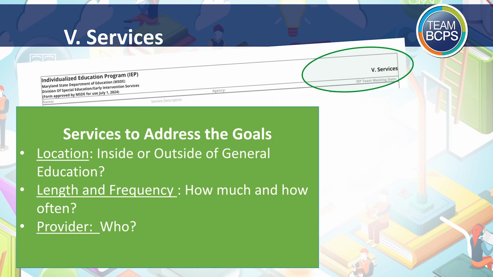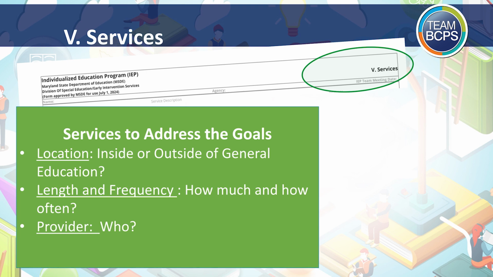If the documentation and justification is here, your child could qualify for services such as classroom instruction or related services such as speech, occupational therapy, or counseling. As you read across the line of service, you can see details on where, how often, and by what provider. Where a service occurs will just indicate inside or outside the general education classroom.